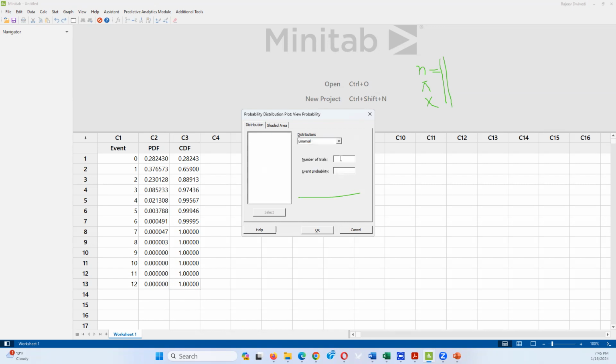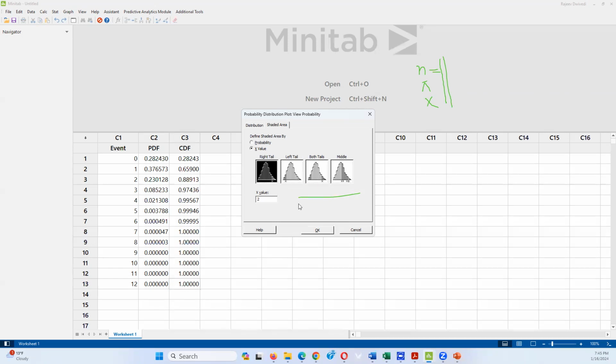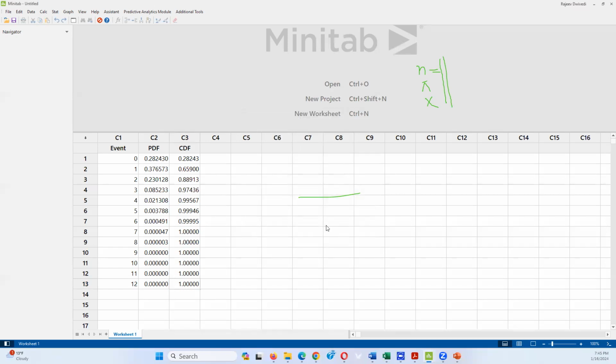Number of trials is 12 and event probability is 10%. Under shaded area, I can put the X value as 2, and I can select either option to get the complete distribution and then select the right X value.